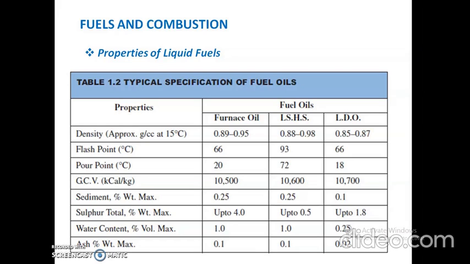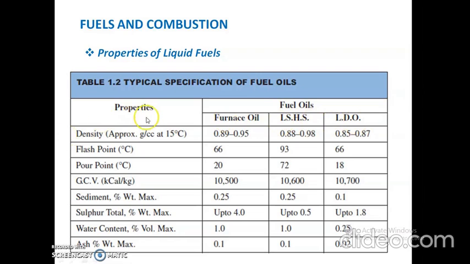We start with the properties of liquid fuels as far as the boiler is concerned, and we'll see the typical specifications of the fuel oils used in the boiler. Three types of fuel oils are generally used in the boiler. One is furnace oil, generally called FO, then LS, HS, and the last one is LDO, light diesel oil.